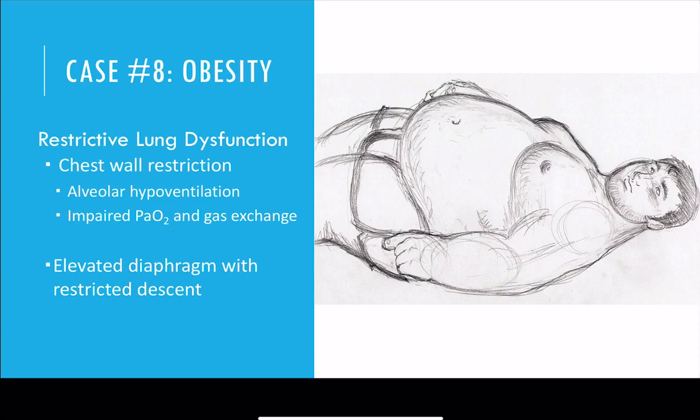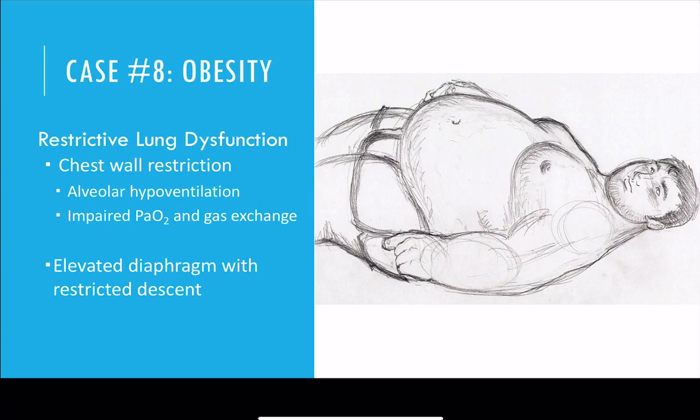They couldn't get enough air in when he was in this position to oxygenate his body. And that's how he got into stress and ventilator pump failure during his surgery, and what ended up putting him in the ICU. So he has a restrictive lung dysfunction secondary to obesity.